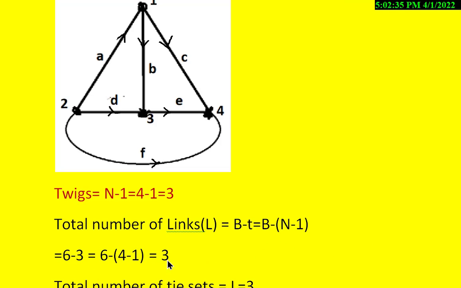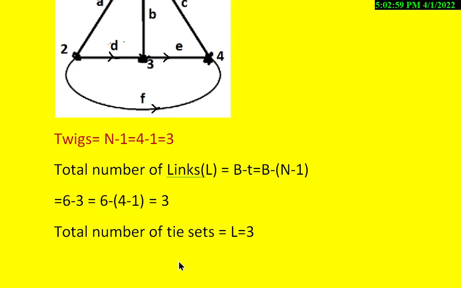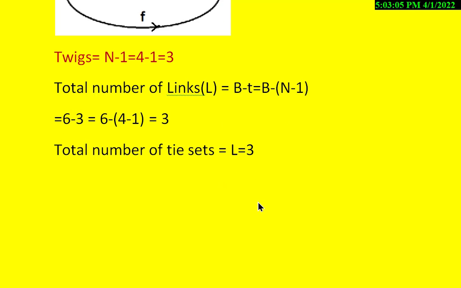So we can write b minus t, or b minus (n minus 1). N minus 1 is calculated already, so that is nothing but small t. Here b is the total branches A, B, C, D, E, F, 6 branches, minus t, the number of twigs, that is 3. So 6 minus 3, or 6 minus (4 minus 1), is equal to 3. So the total number of Tiesets we get here is 3.